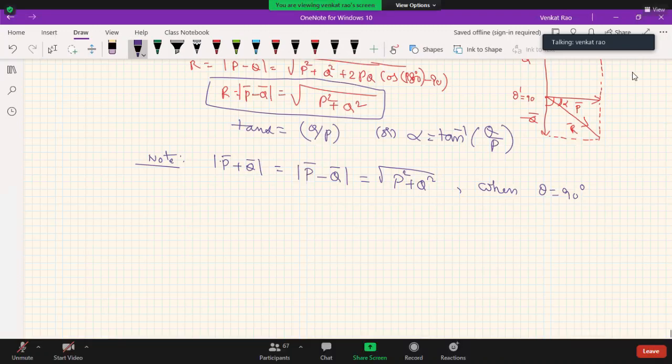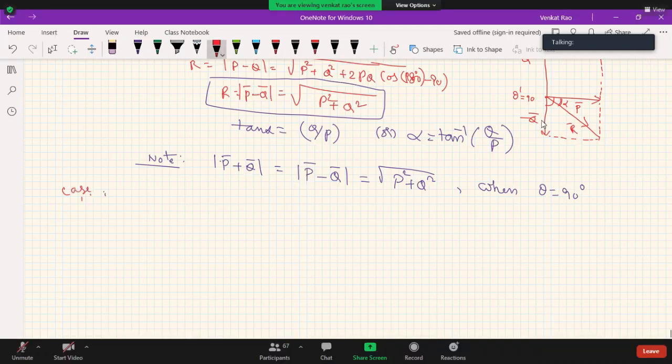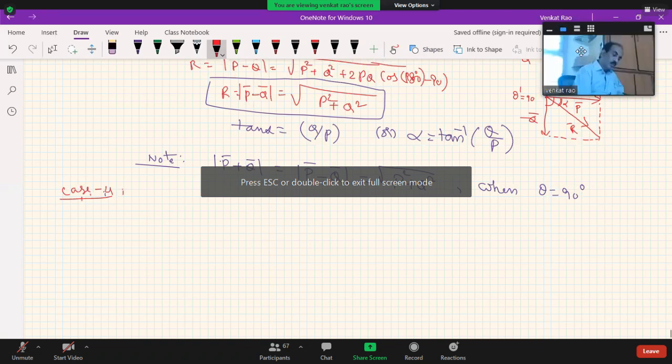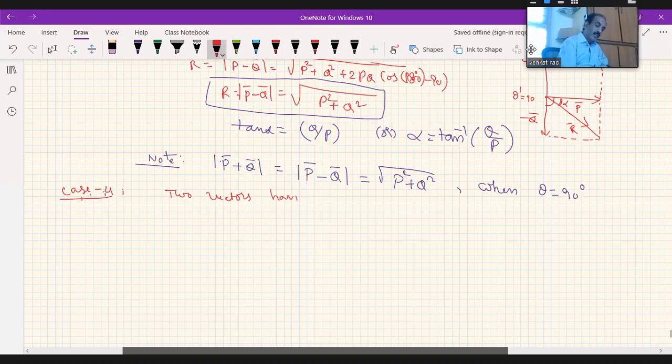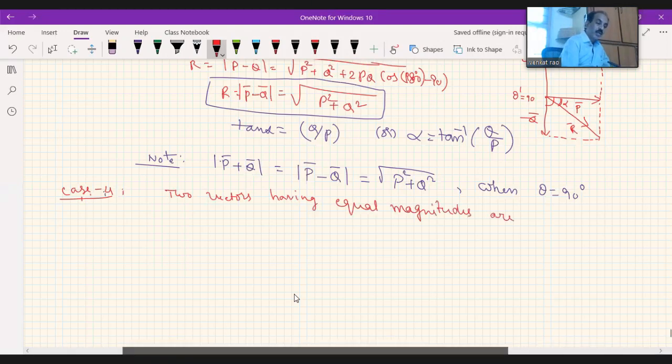Next case 4. Two vectors having equal magnitudes are at an angle theta.